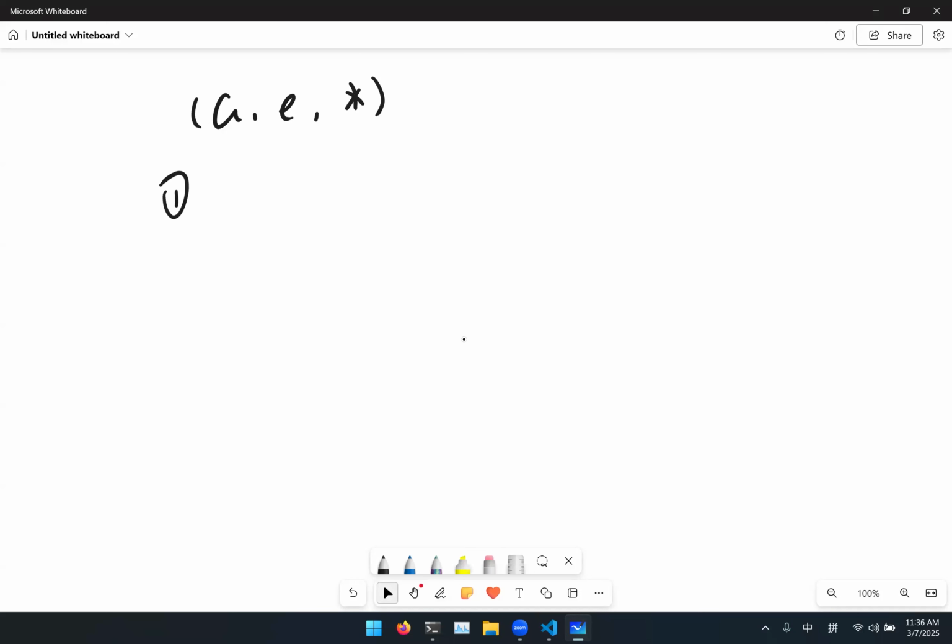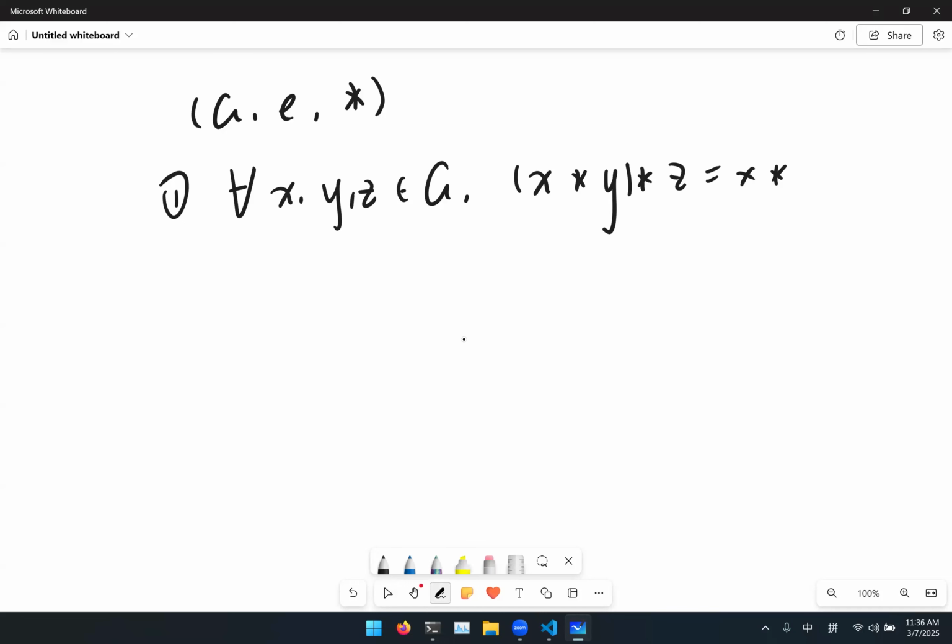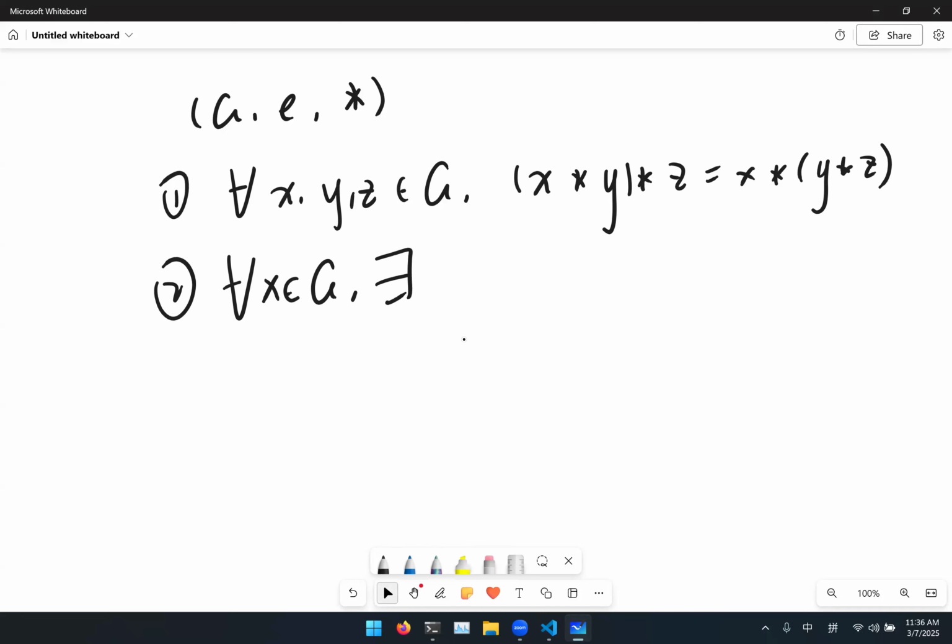The first one is the multiplication associativity, which means for arbitrary x, y, z in G, you need to have x multiply y multiply z associative. This is the first axiom. And the second one you will see in most algebra textbooks is that for arbitrary x in G, you will find an element, we'll call it an identity element.